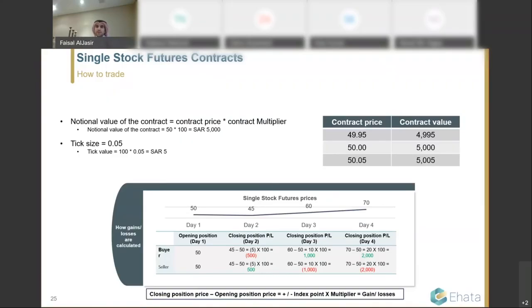The contract price there is 49.95 and 50, and the contract value, and the idea is exactly the same. So when we say a multiplier of 100, it means it's almost like you're taking a position in 100 stocks. So this is the price of one stock, and you're taking a position in 100 stocks, 100 units.